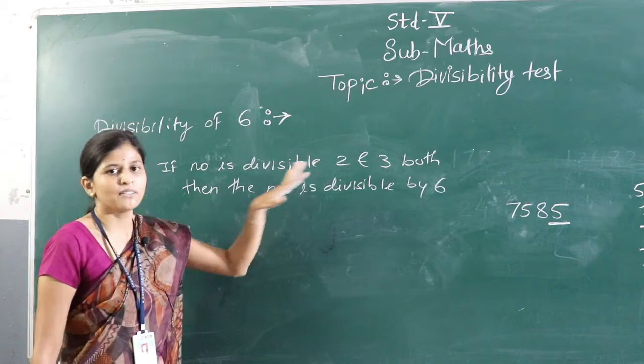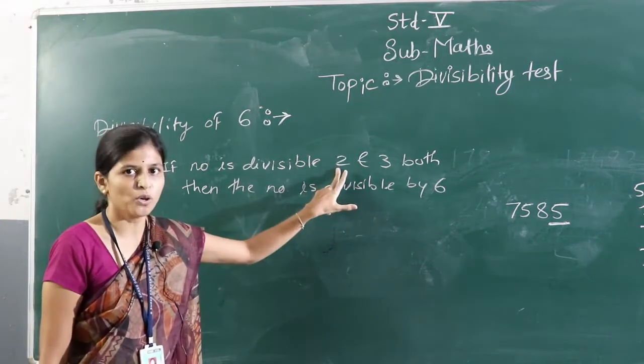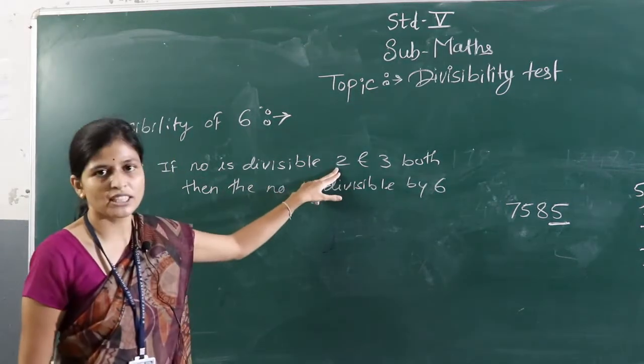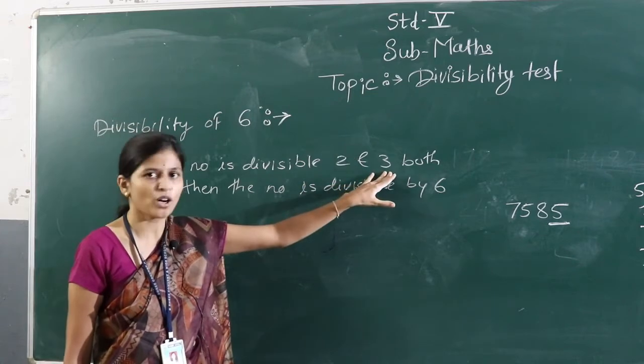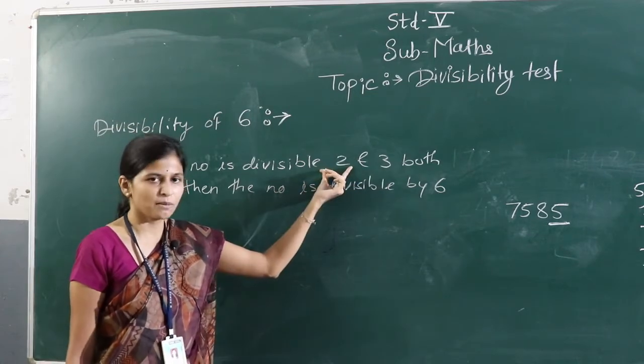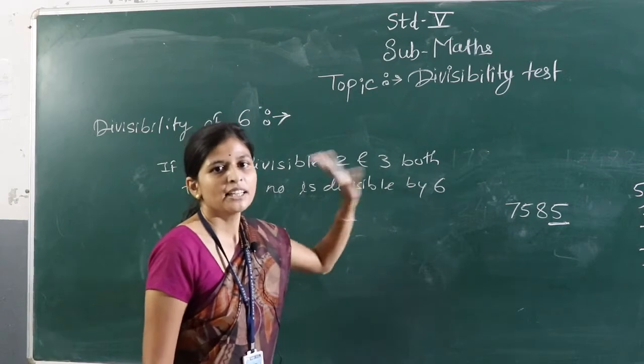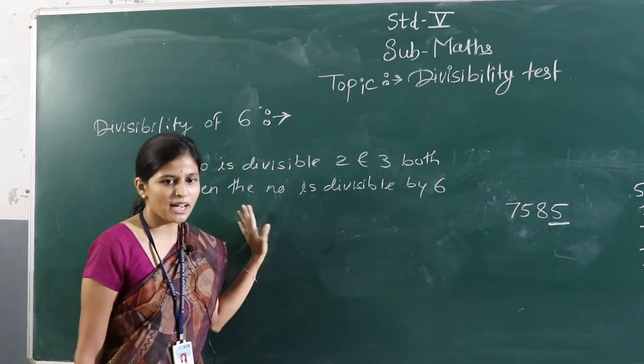Means if the given number is divisible by 2, we saw earlier what is the divisibility of 2 and what is the divisibility of 3. If the number is divisible by 2 and 3 both, then the whole number is divisible by 6.